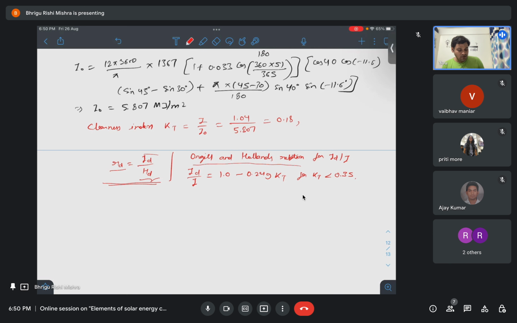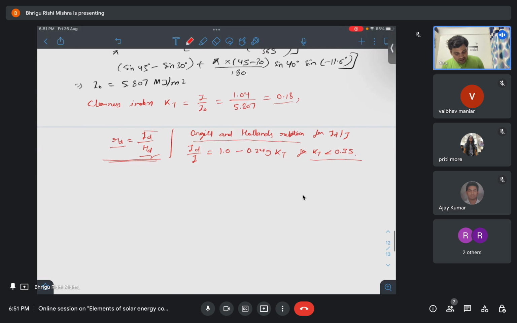So there are different relations for different values of kT. Okay, so since our kT is here 0.18, I am using this formula. So from this you can calculate ID is 1.0 minus 0.249 into 0.18 into I, which is 0.9936 megajoule per meter square.